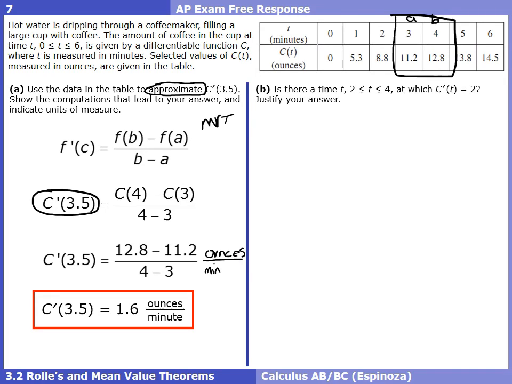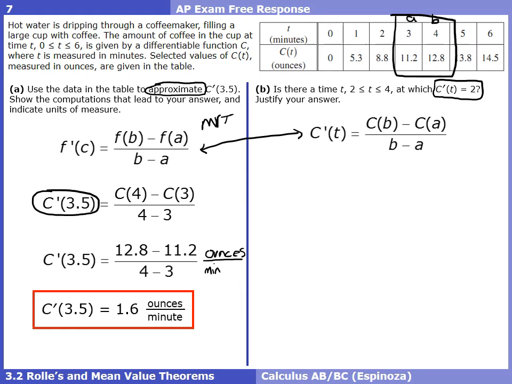Part B. Is there a time between 2 and 4 for which the derivative equals 2? Well, again, we're being asked to answer some stuff about a derivative of c, but we don't have the function c. If we don't have that function c, I think our only option is to resort to the mean value theorem, which is the same as what I've written here.